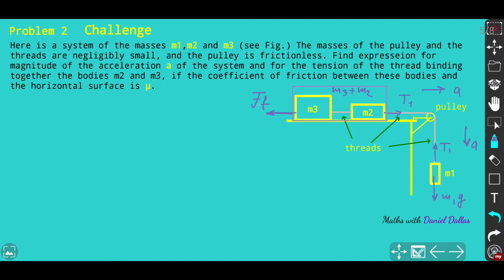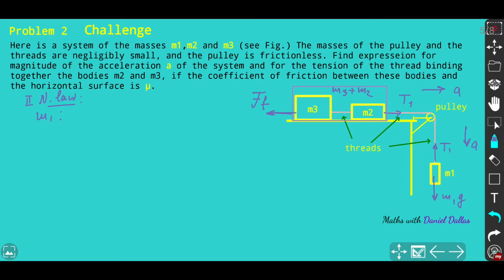Now we're going to set up the second Newton's law equation, and let's write it for object M1. They can be considered as connected particles. As you remember from the previous case, we discussed that there are two different types of straight lines, one is the horizontal one and the other is the vertical one.